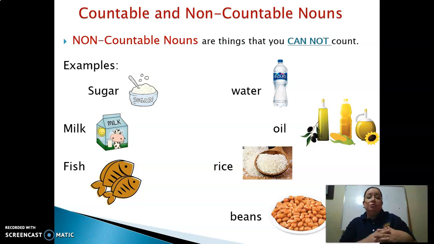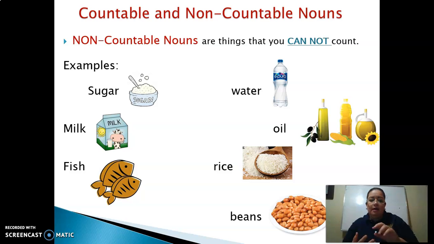And on the other hand, we have non-countable nouns, okay, it is the contrary. So things that you are not able to count, but you can measure. But that's another class, and I'm not going to focus on that right now because it's not what I really need for the course. So these ones are non-countable nouns, things that maybe you can measure in kilograms, liters, cans, boxes, bags, but you cannot count them by themselves.